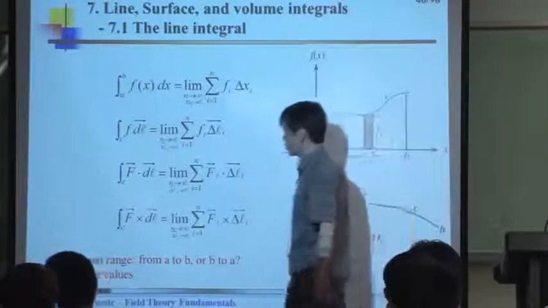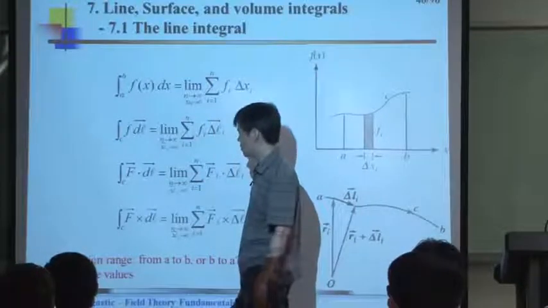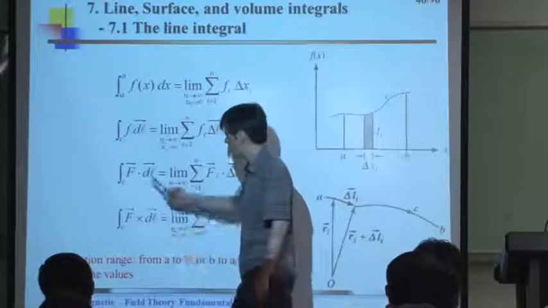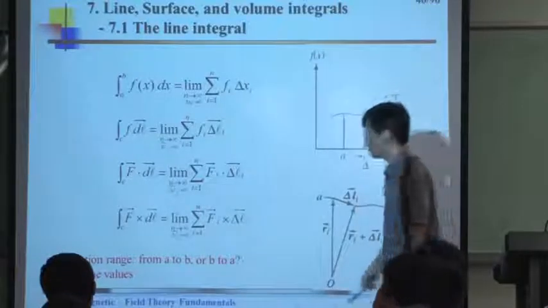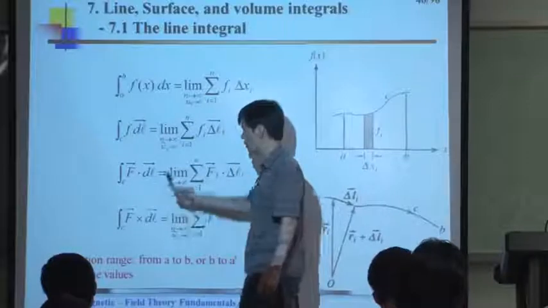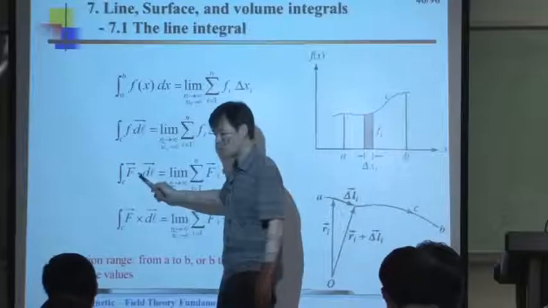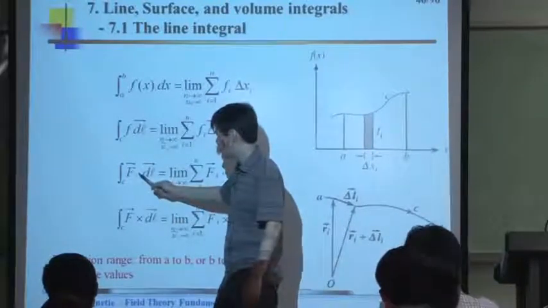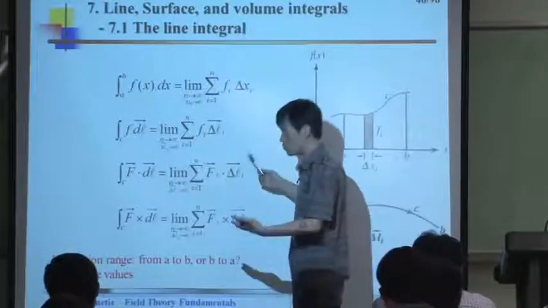And also you can consider these types of calculation. Vector function and the vector element. So it is vector and also vector. Both of them are vector. So in that case, there are two choices: dot product or cross product. In case of the dot product, the same definition was the same.